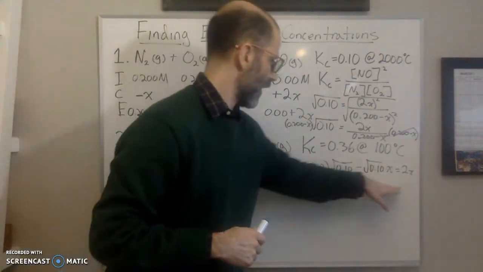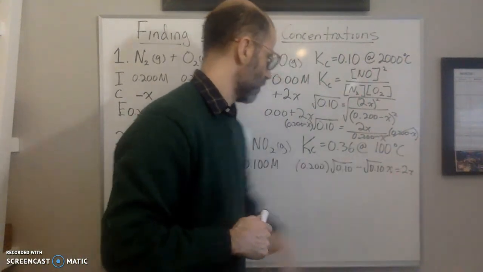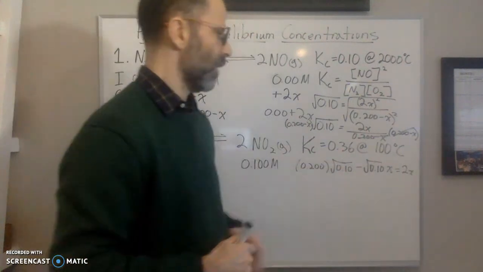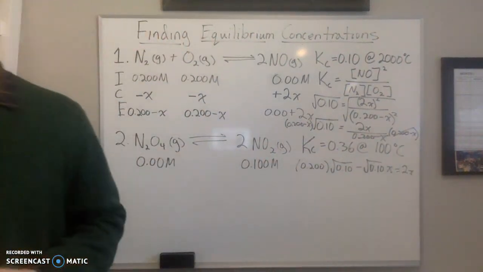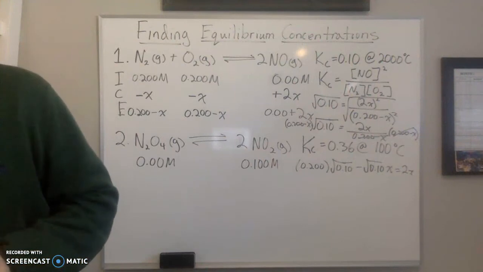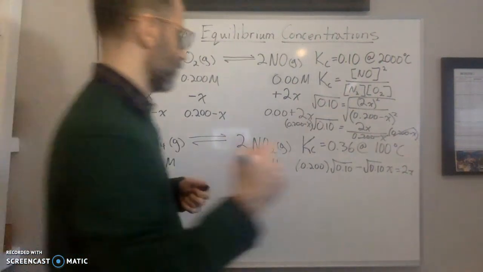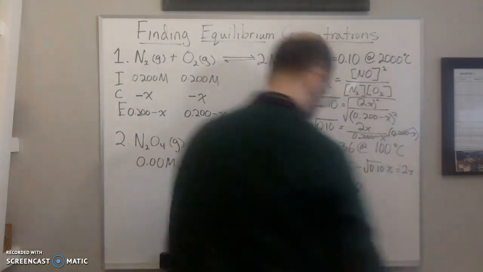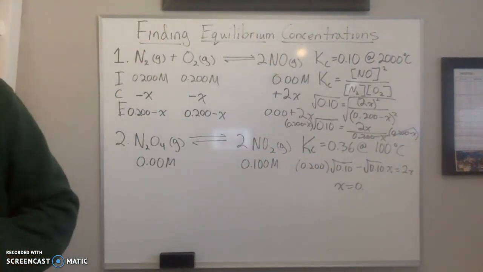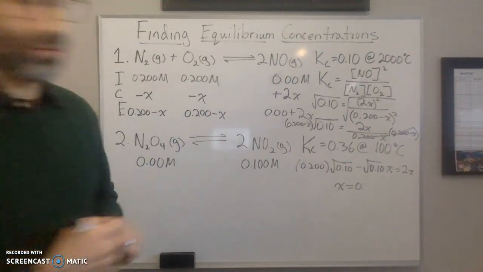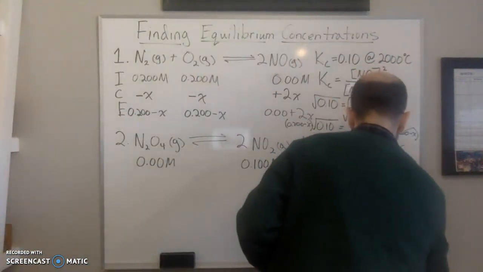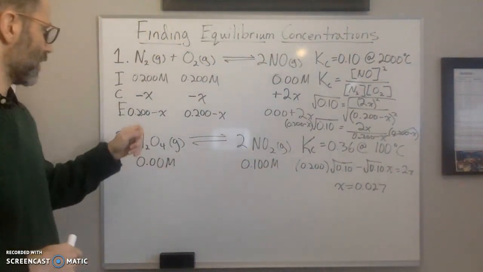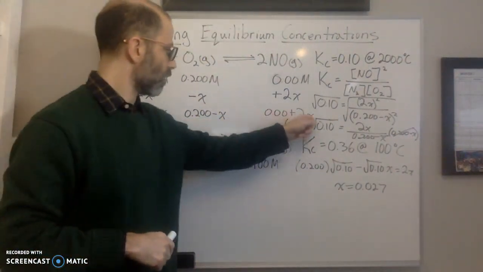So now I can bring x over here. I can multiply this, and then when you solve for x, you get 0.027. Okay, so that's the change. That's my x value for what I found.